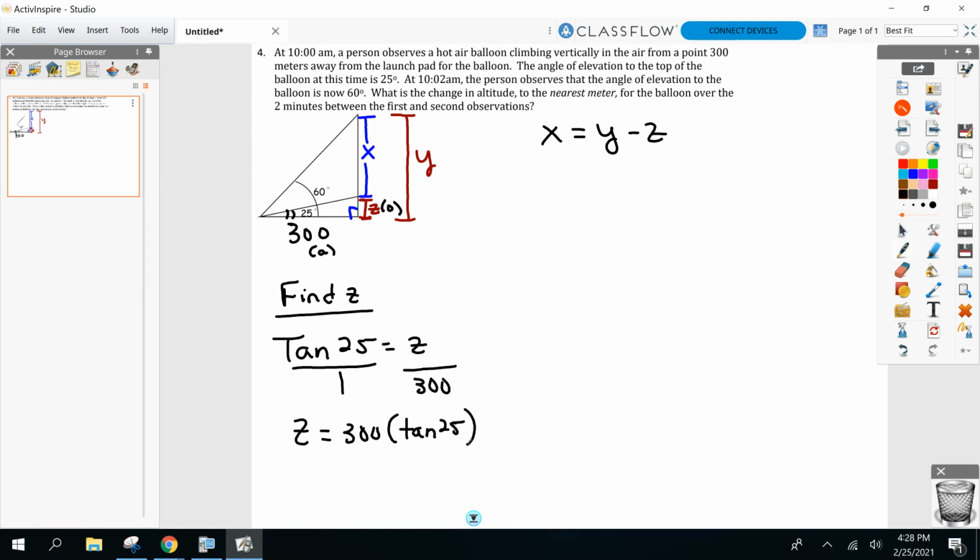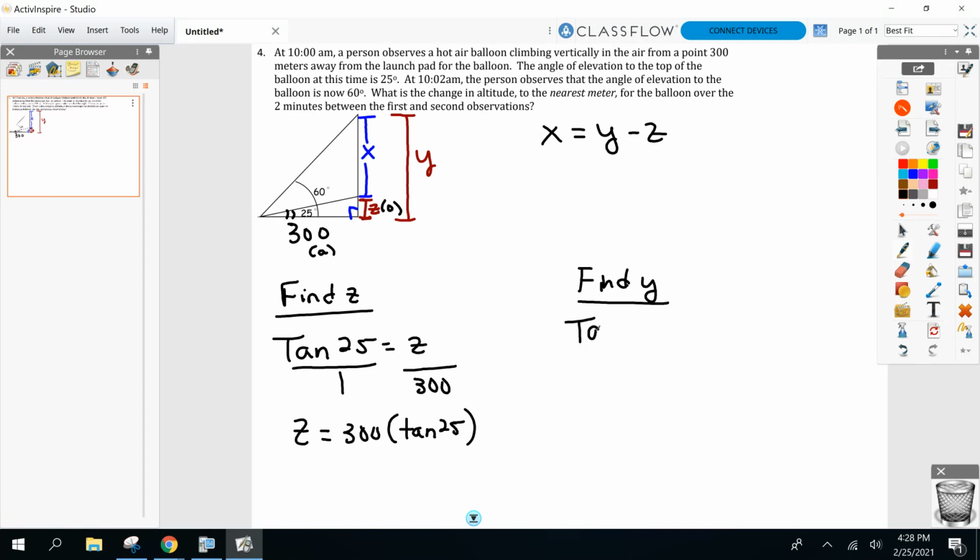Now when I find y, which is part of the big right triangle, I could say to myself, all right, let's see. If I wanted to find y, I can also use tangent, because adjacent is still 300, and now y would be your opposite side. But instead of using 25, I'm going to use 60, which is the angle in the big right triangle.